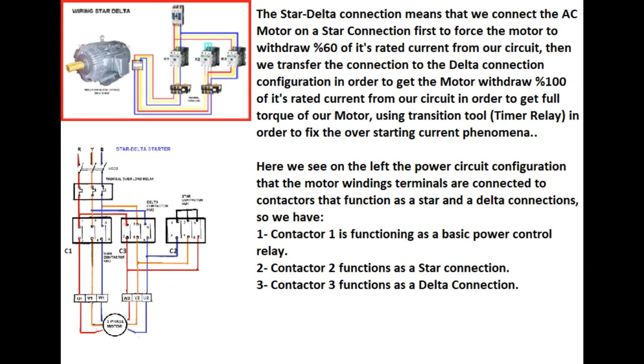And then after the phenomenon passes, you can connect it as a Delta connection, and we use this with big AC motors that work on a higher ratio of current and horsepower.